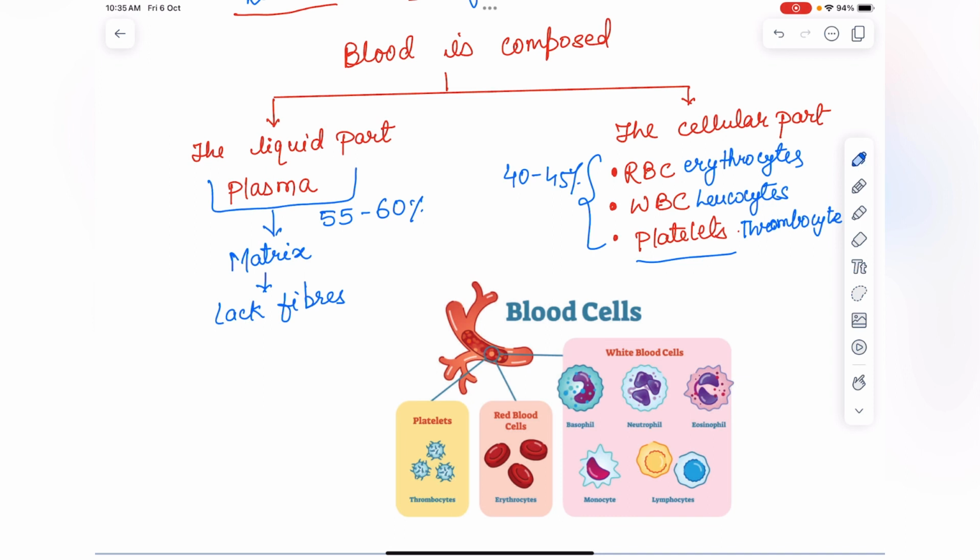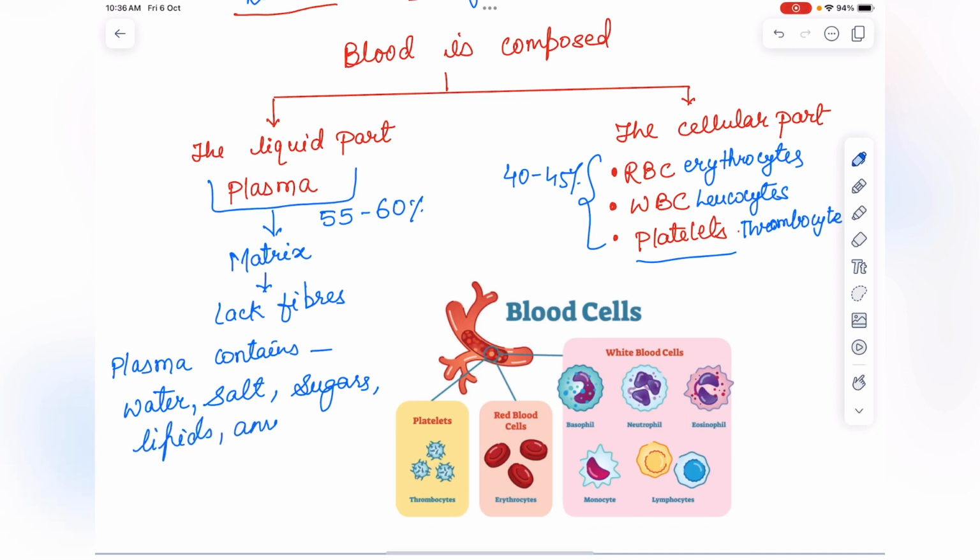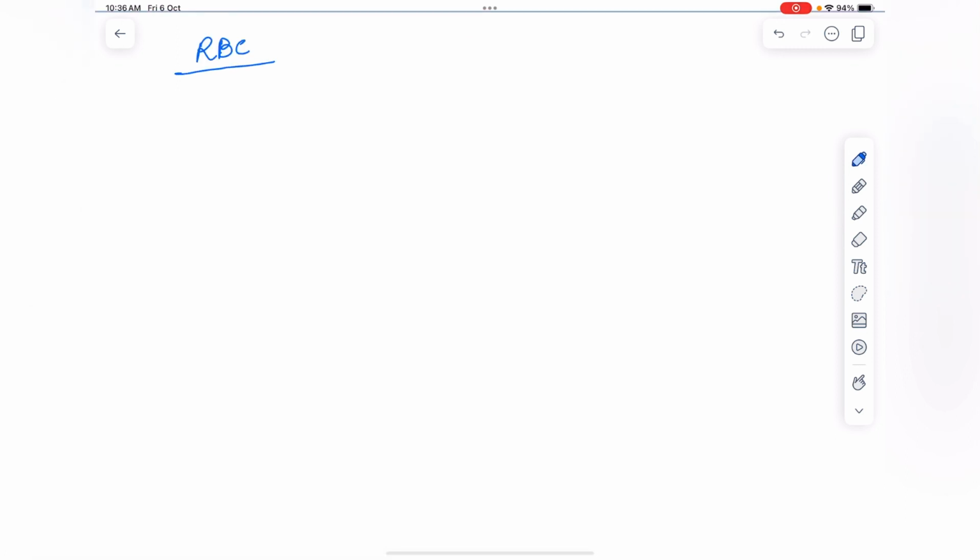RBC is a cell, WBC and platelets, all these three are living parts, and this is a liquid part. And this liquid part, plasma, contains water, salt, sugar, lipids, amino acids, etc. So we'll start with the RBC.